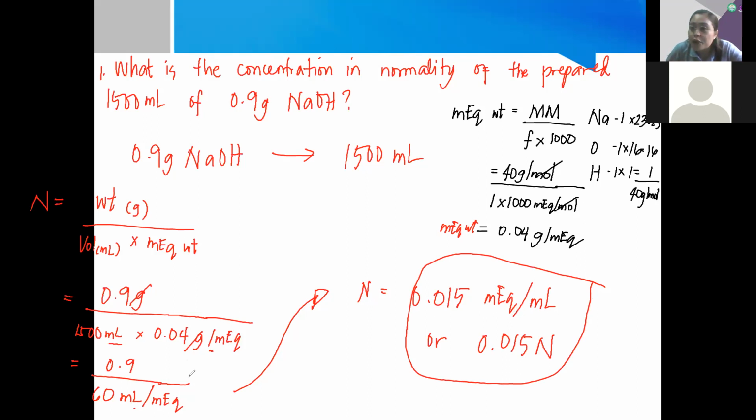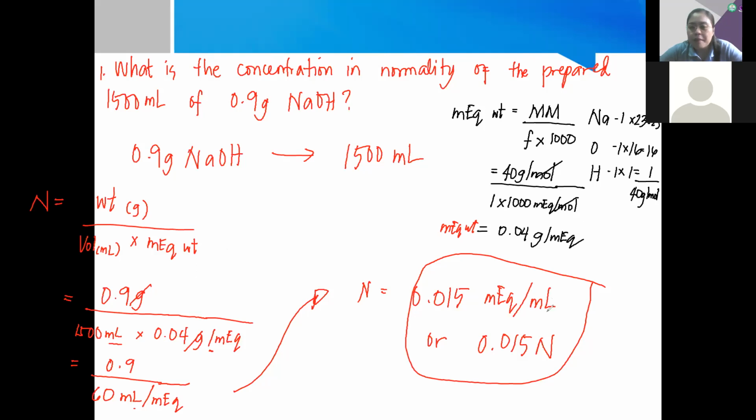This is our rule sa mathematics. If you have a unit na nasa baba, tapos naka-per, like merong division or ml per MEQ, pag dinivide mo siya, you have to get the reciprocal. Diba when you say reciprocal, kailangan siyang baliktarin. So this is MEQ per ml. Okay?